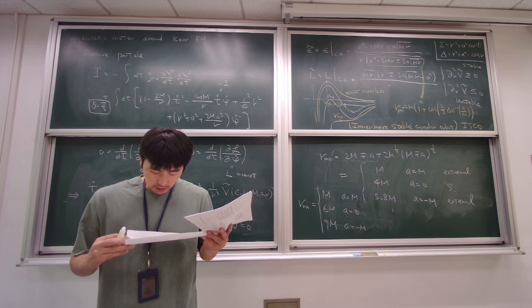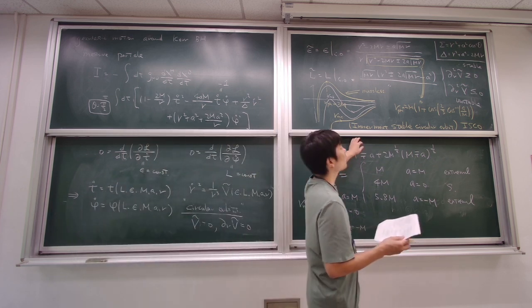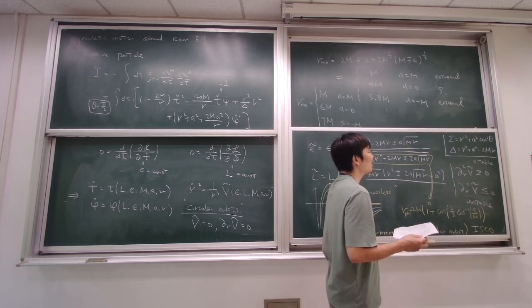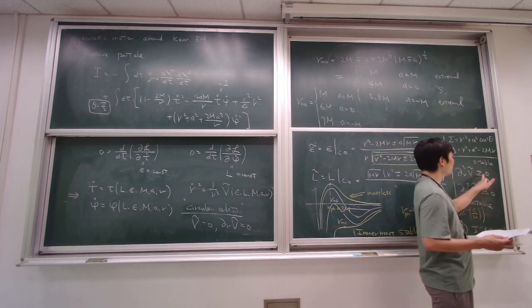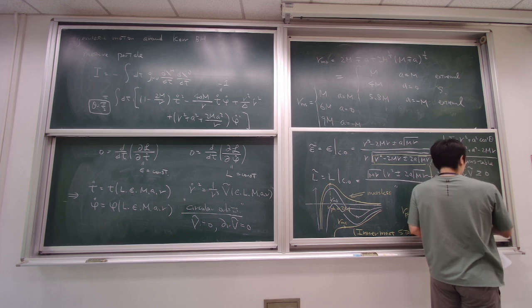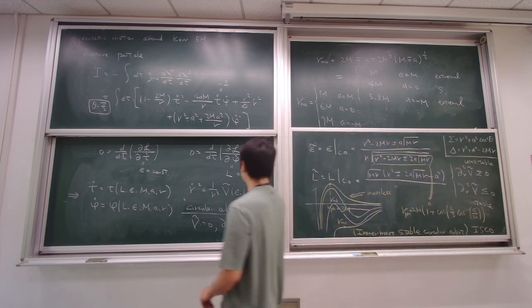I think I understand why. Yeah, I think I understand. In my lecture note, this one is opposite. This is unstable and this is stable in my lecture note. That's because of this one.